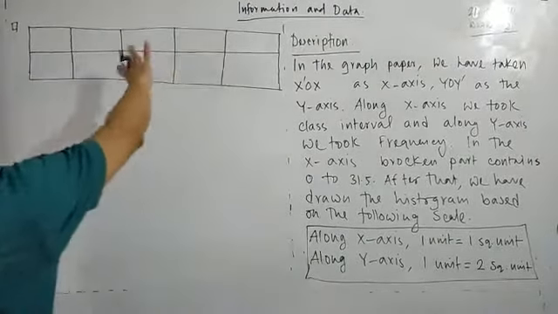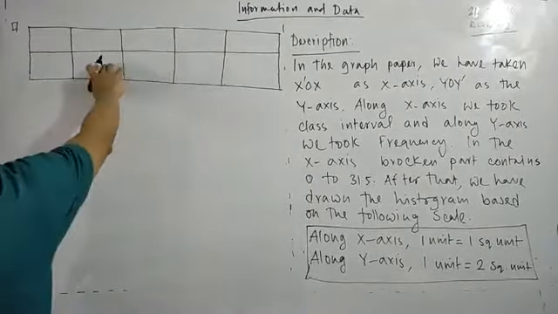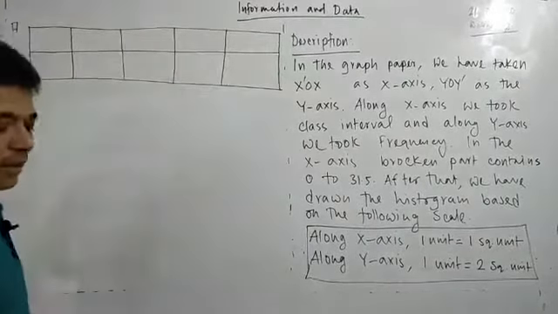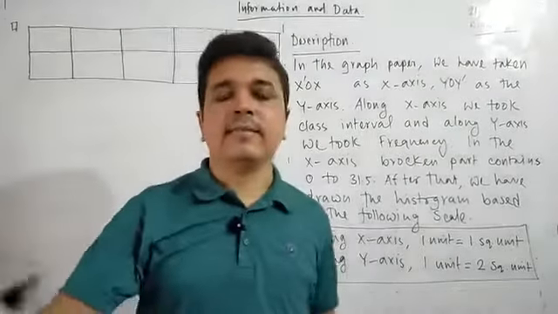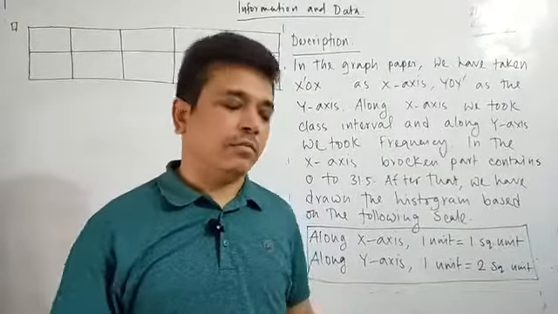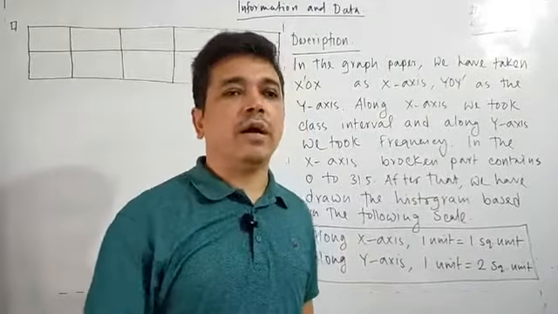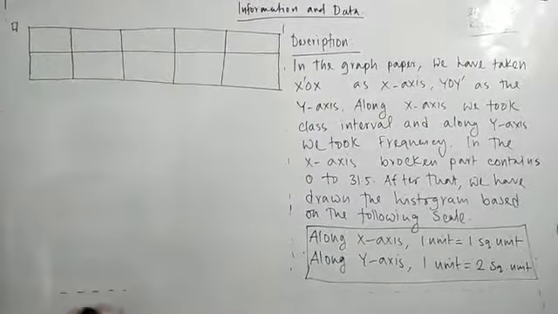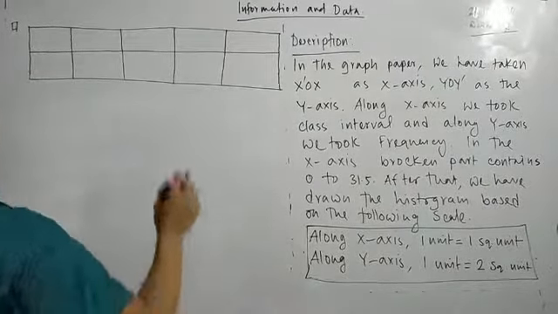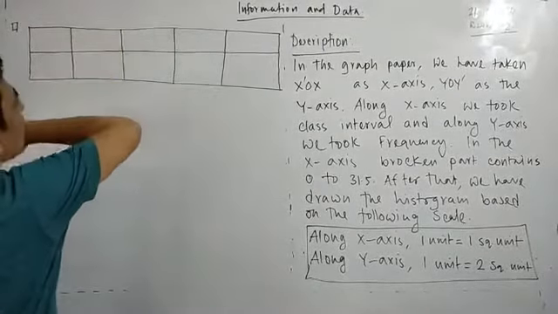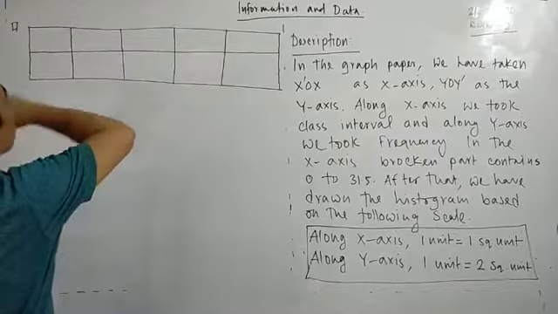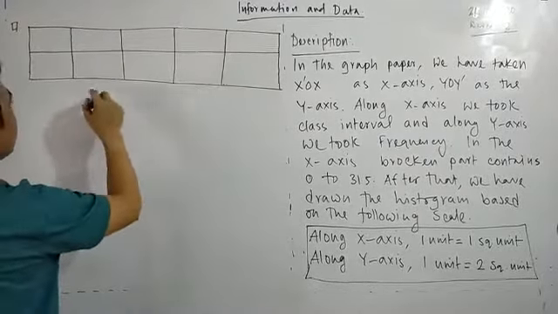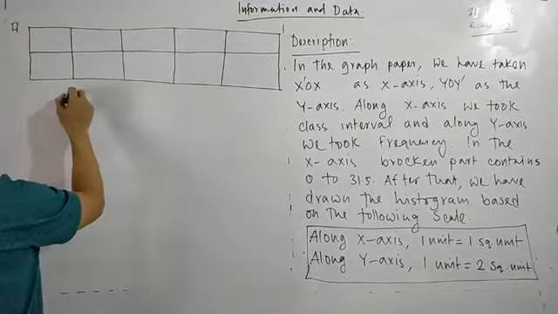Here I have just given 1, 2, 3, 4. In the exam maybe it will be 10 classes, or minimum 8 to 9 classes, minimum 7, 8, 9 classes it should be. Some other data I'm writing here, 8 classes.